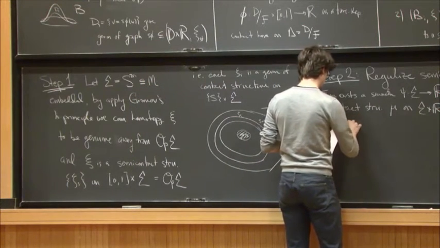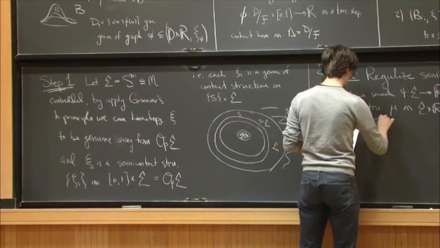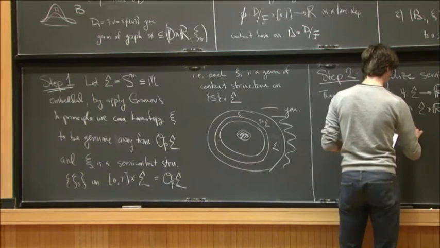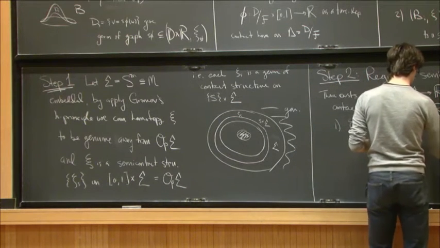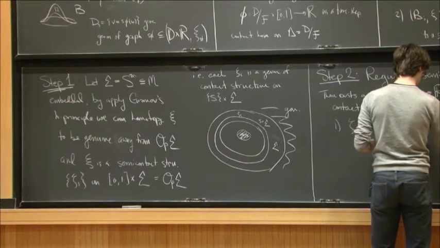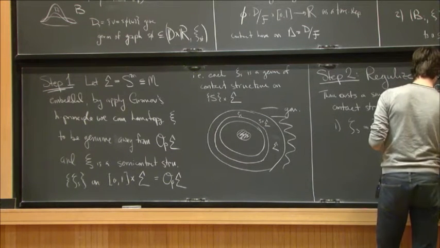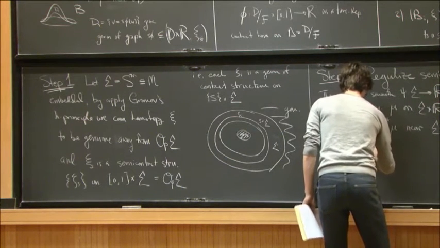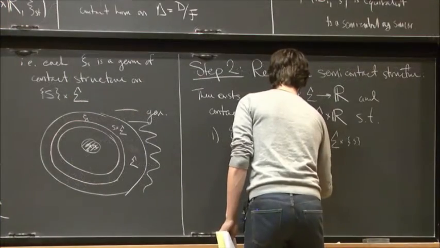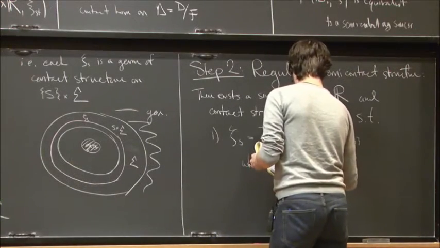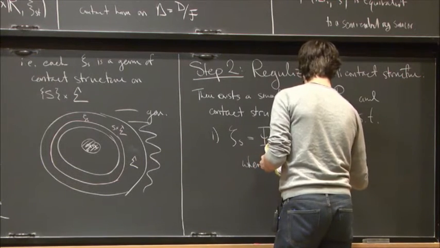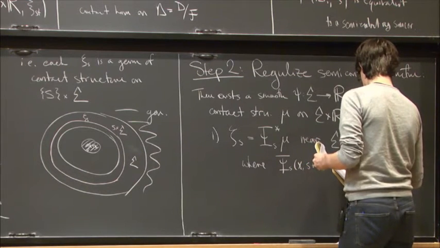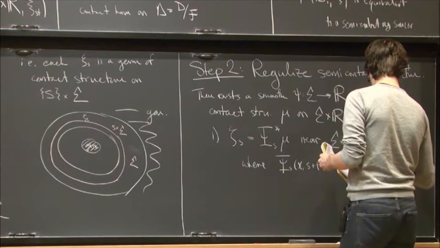So you have this is the pullback of mu near S cross sigma, where this function of x times s plus t is x s of psi of x plus t.